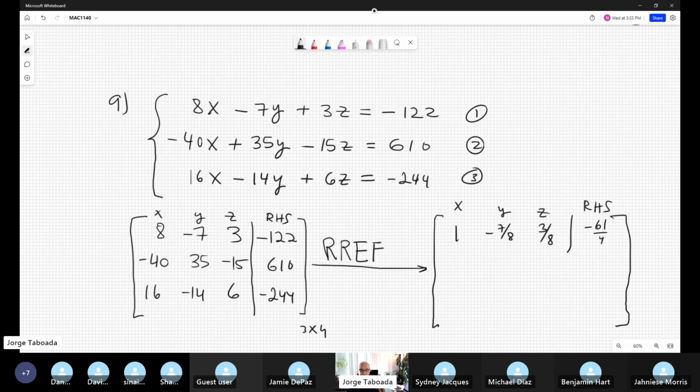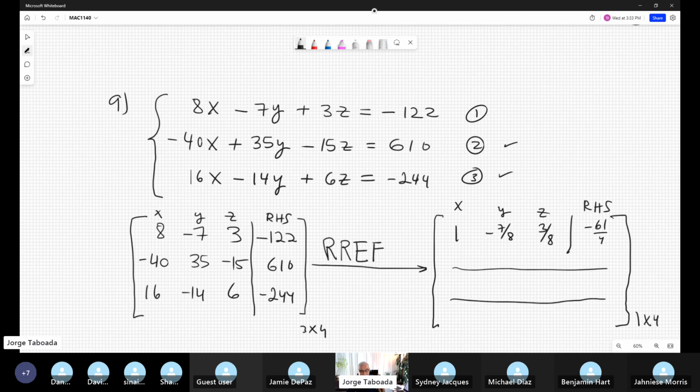Actually, the matrix you have now is 1 by 4, no? So what happened with this equation and this equation? Well, equations 2 and 3 were eliminated in the elimination process. They are dependent equations.